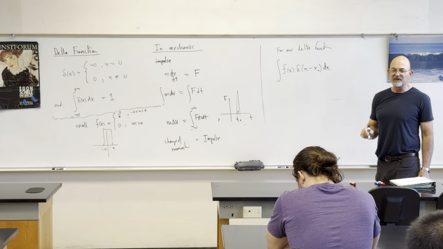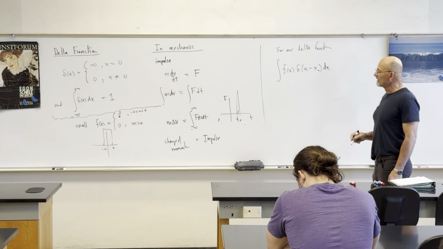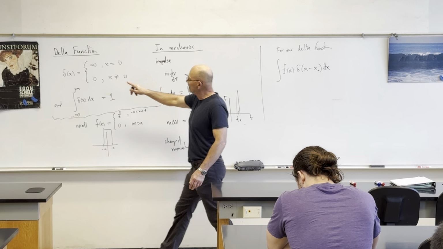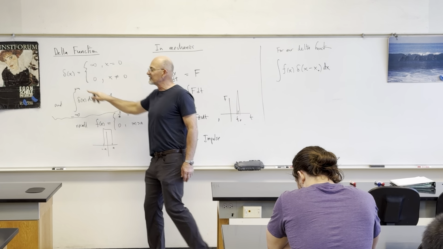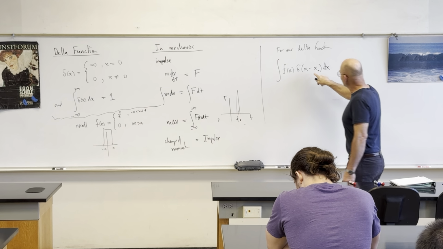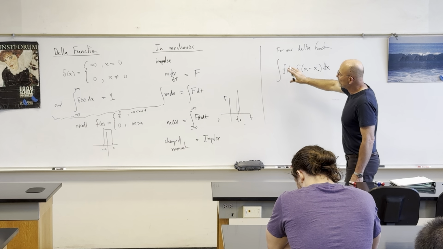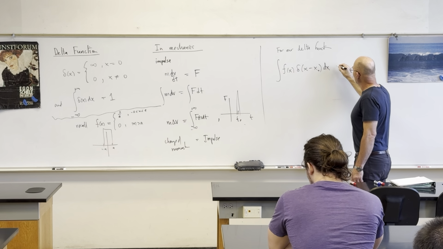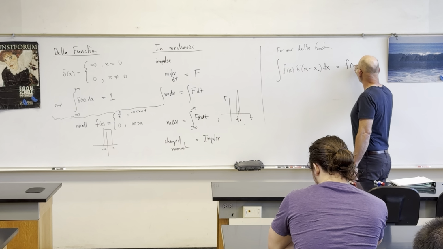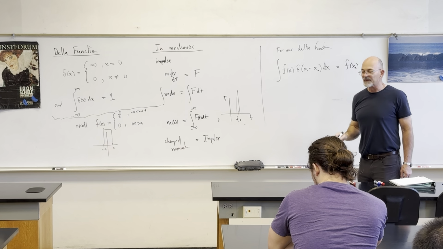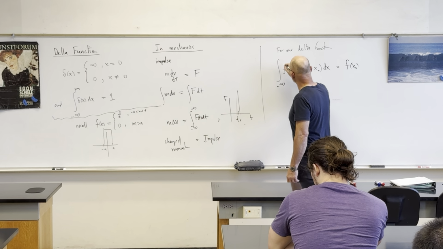So now where is the spike? Using the same definition here, when the argument vanishes, you have your spike. So now the spike is when x is equal to x0. And therefore, this completes the definition here: it equals f of x0. That's the whole process with the delta function.